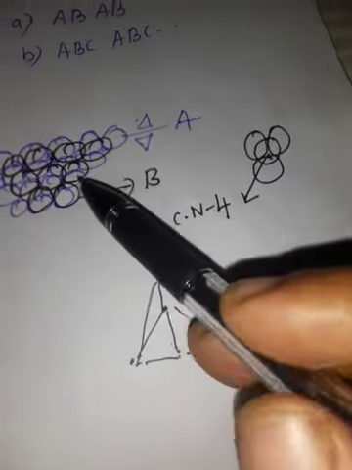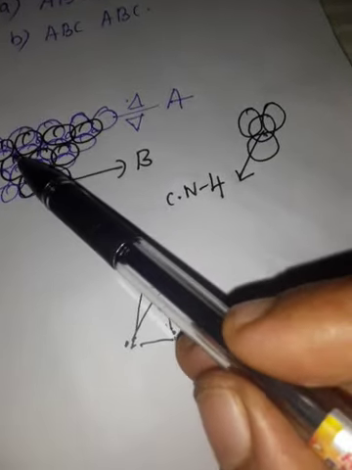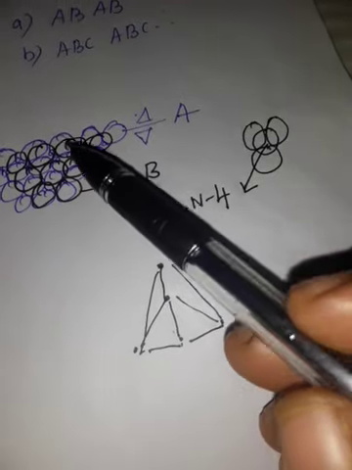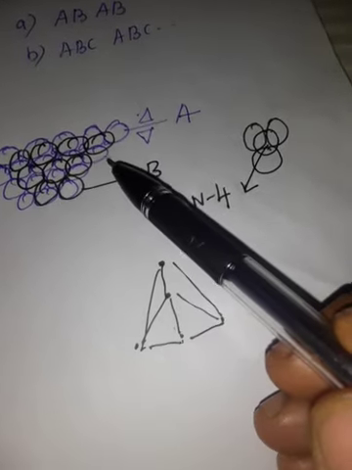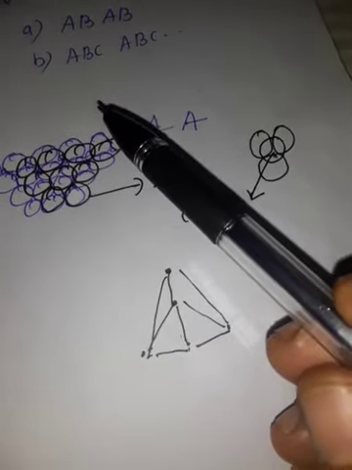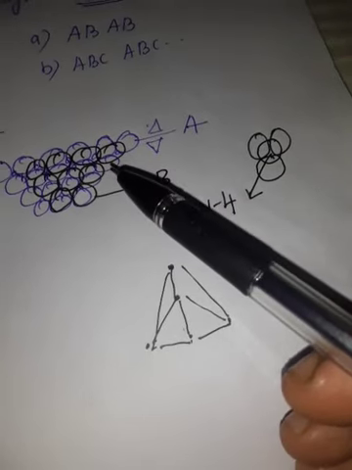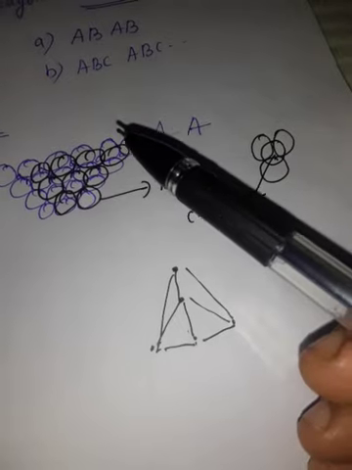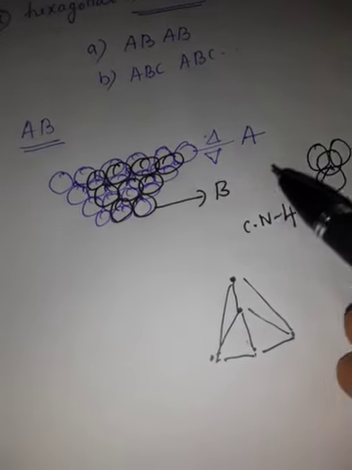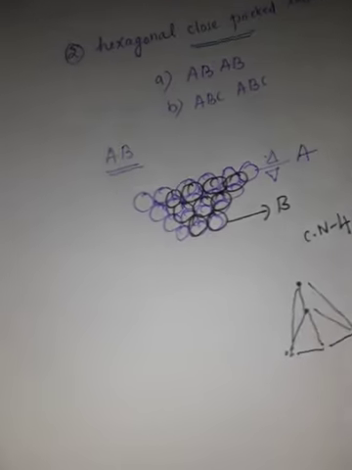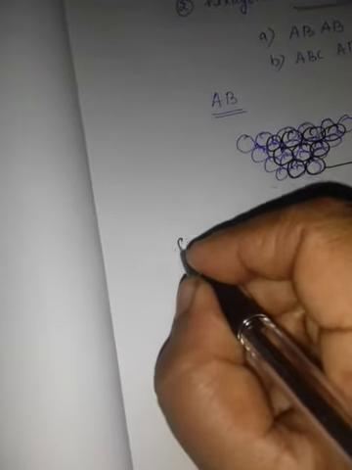At other places, apart from void A, the triangular voids in the second layer are above the triangular voids in the first layer. So one of them has the apex of the triangle pointing upwards and the other pointing downwards. Such voids are surrounded by 6 spheres.